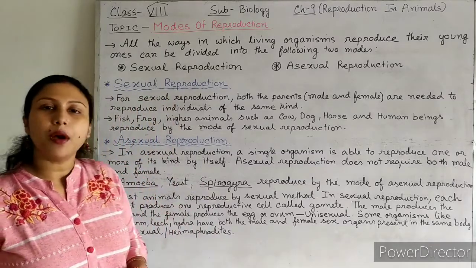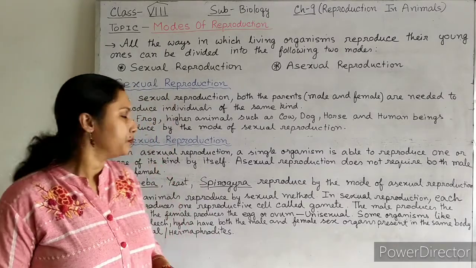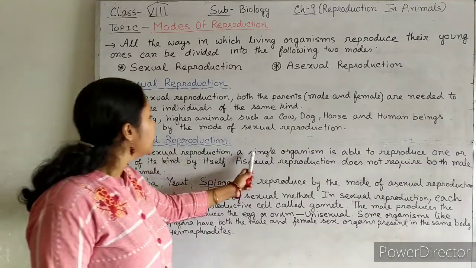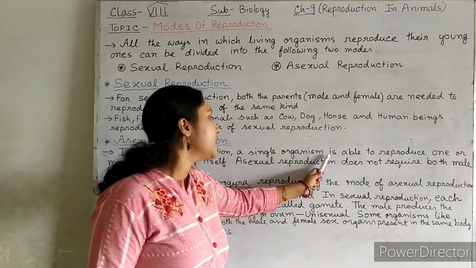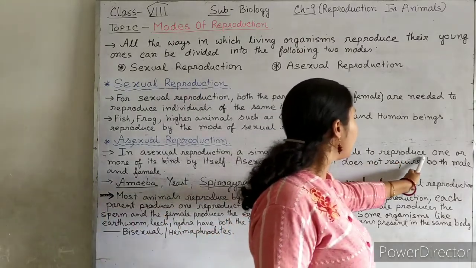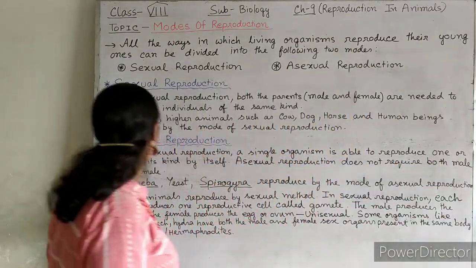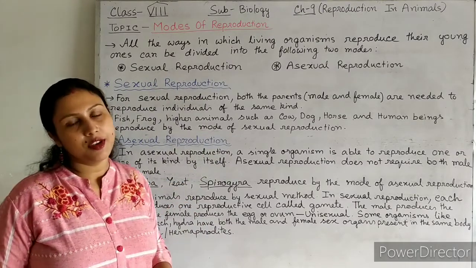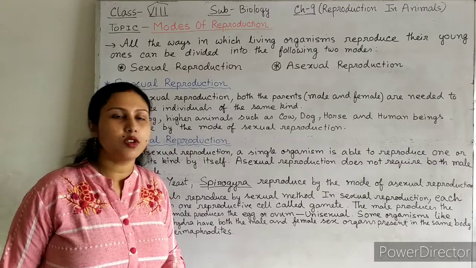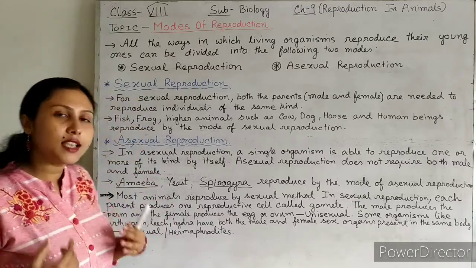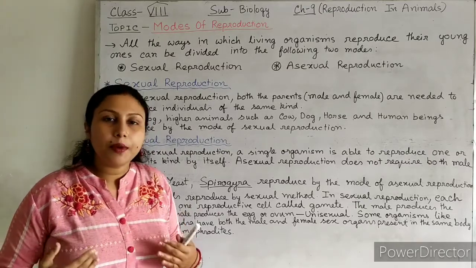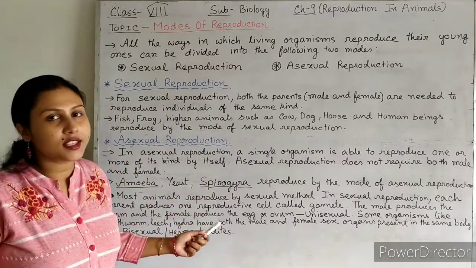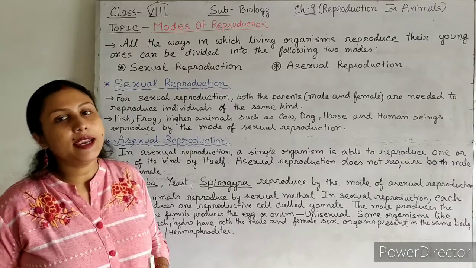Next we will learn about asexual reproduction. In asexual reproduction, a single organism is able to reproduce one or more of its kind by itself.